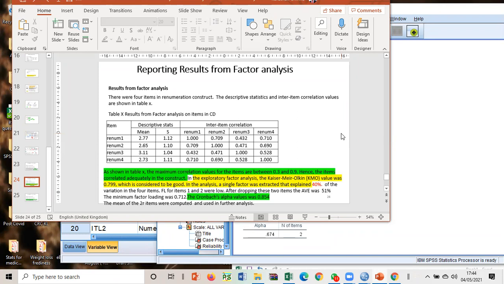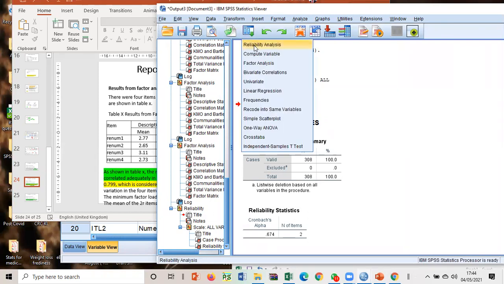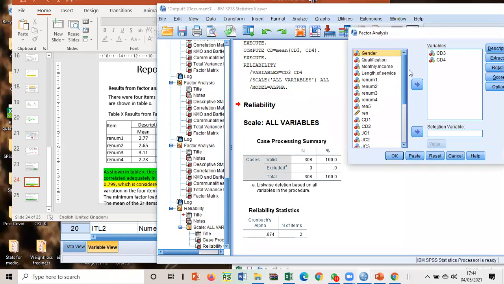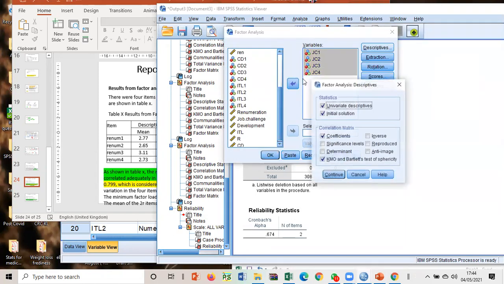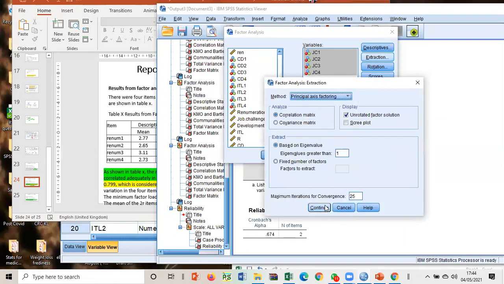Are we okay? Yes. Okay, let's do one more. Number 3. Factor analysis for construct JC. Again, check. All done. Extraction done.